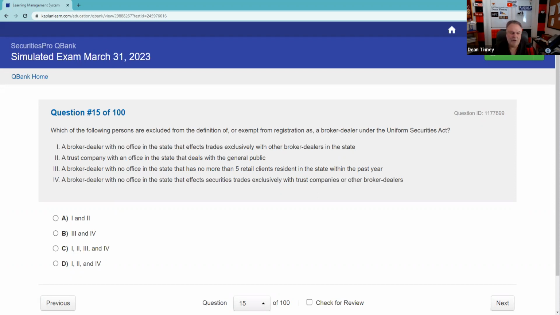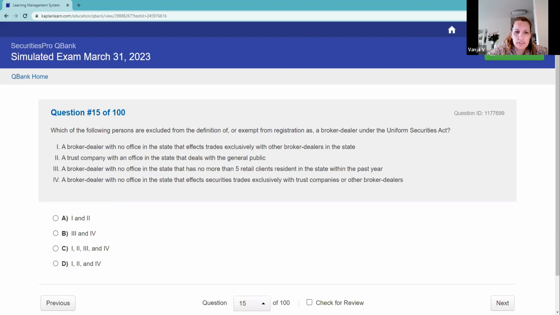All right. Which of the following persons are excluded from the definition or exempt from registration as a broker dealer under the Uniform Securities Act? A, a broker dealer with no office in the state that effects trades exclusively with other broker dealers in the state. B, a trust company with an office in the state that deals with the general public.